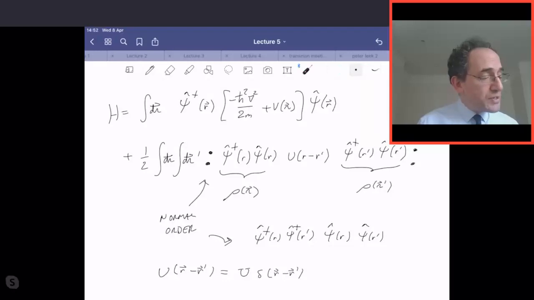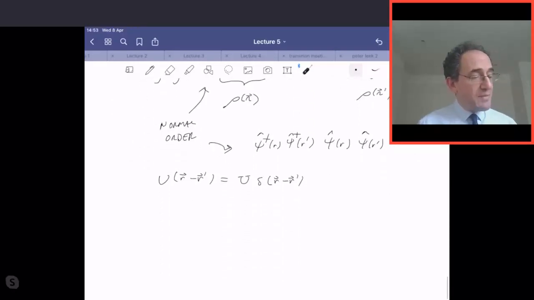So that's going to collapse these two integrals to a single integral by making this u of r a delta function. Let me just rewrite this Hamiltonian, having made that change.